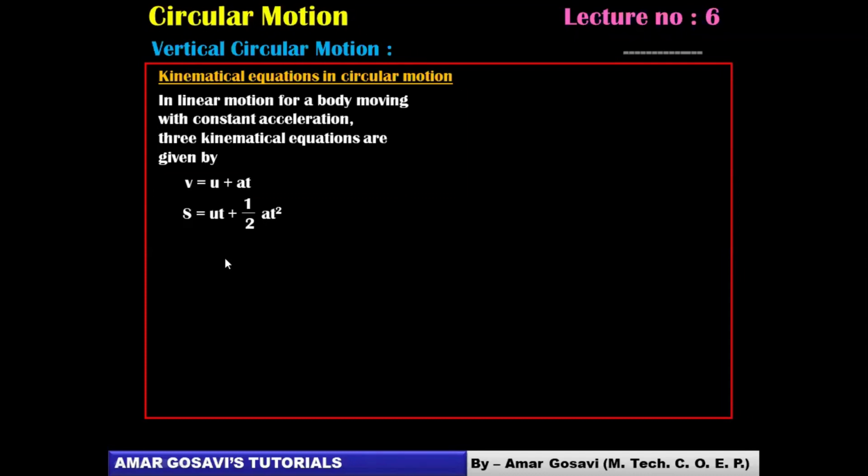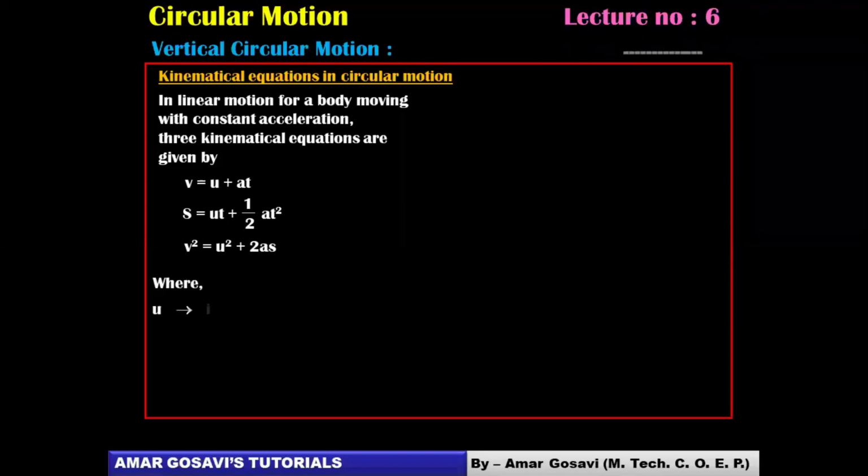The second equation was S equal to ut plus half at square, where S stands for linear displacement, friends. And the third equation was V square equal to U square plus 2AS, where S stands for linear displacement. You all know what V and U mean.